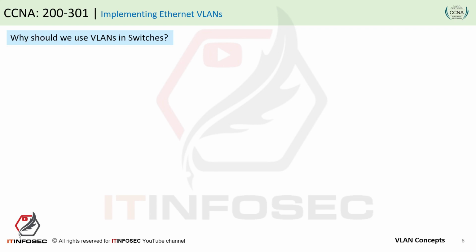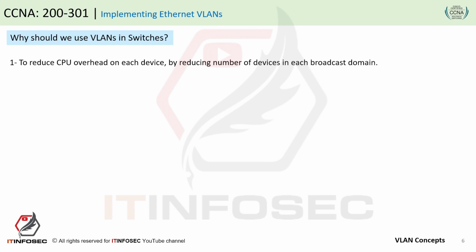Well, why should we use VLANs in a switch? There are some reasons. First, to reduce CPU overhead on each device by reducing the number of devices in each broadcast domain. When you have a network, some broadcast packets may be produced and transferred.